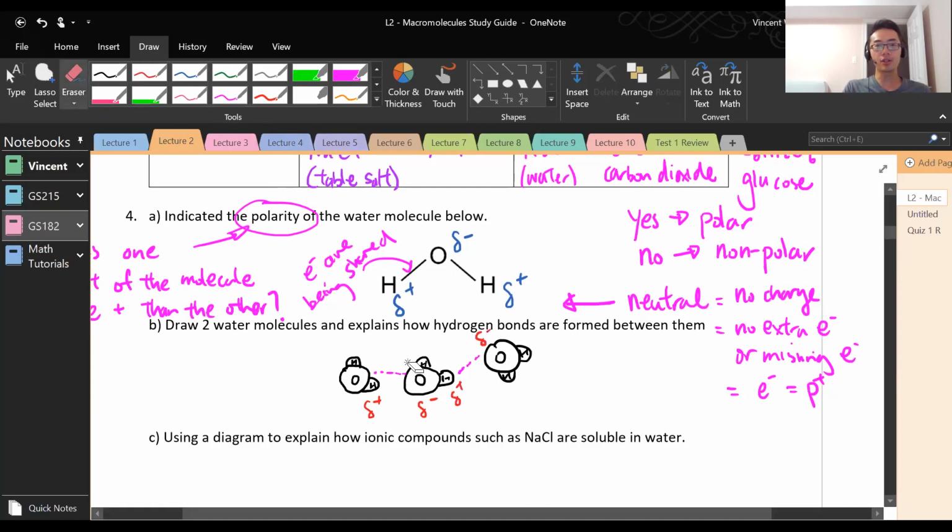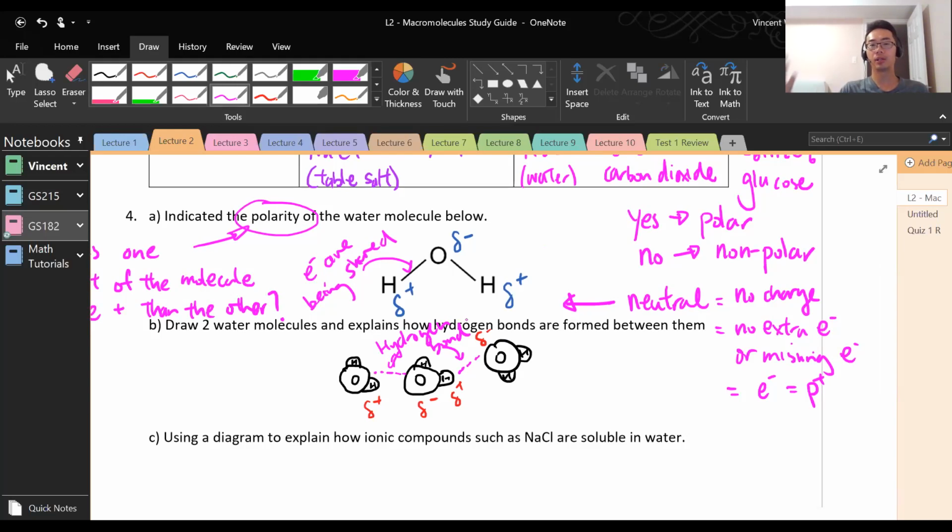So these interactions between molecules, we call them hydrogen bonds. The more hydrogen bonds you have, the higher the boiling point is going to be. And as you know, water has a really high boiling point, 100.